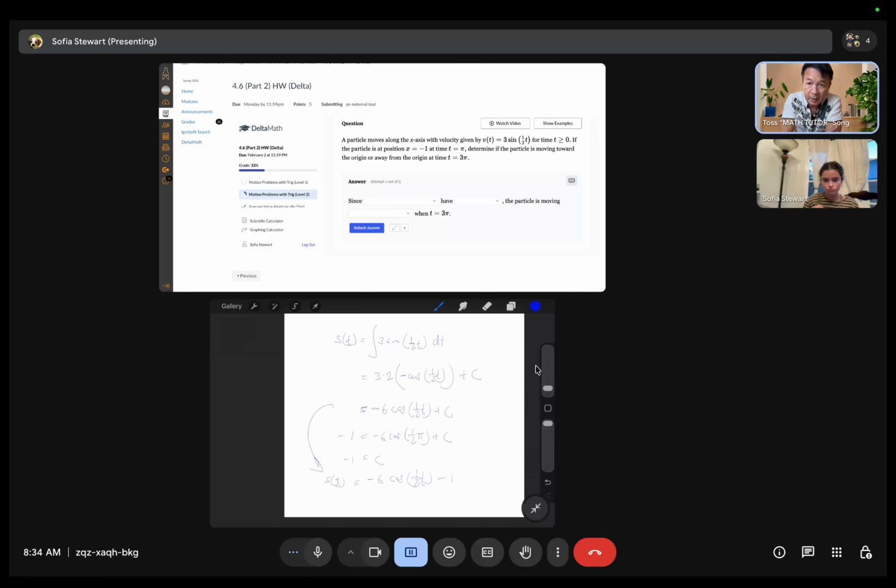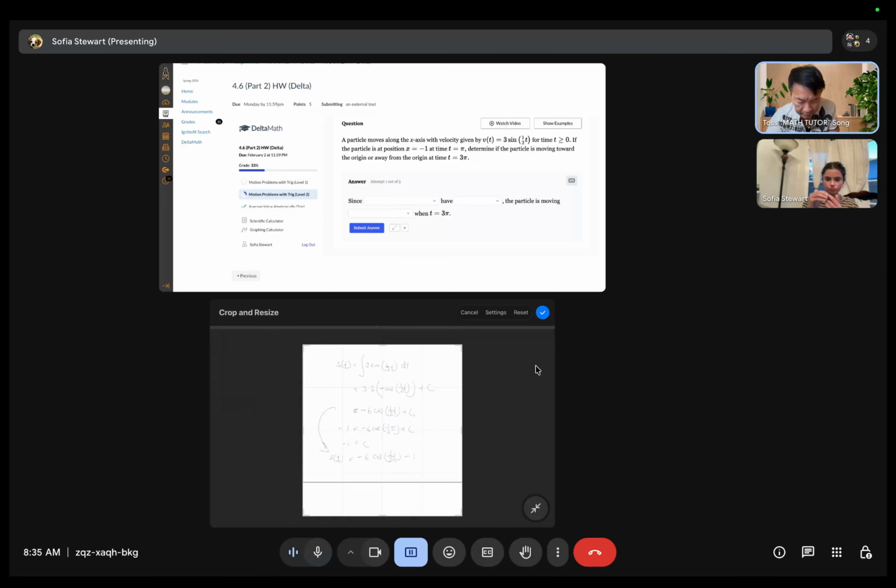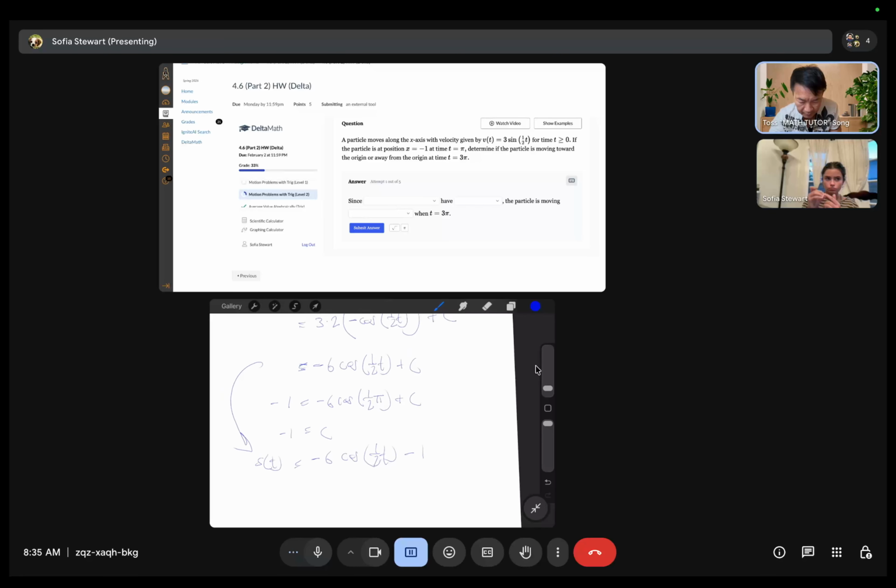Okay. Alrighty. From here, they're asking you to evaluate at t equals 3 pi. We don't have the graph this time. We just plug it in to see the sign, but I would like to use the graph.